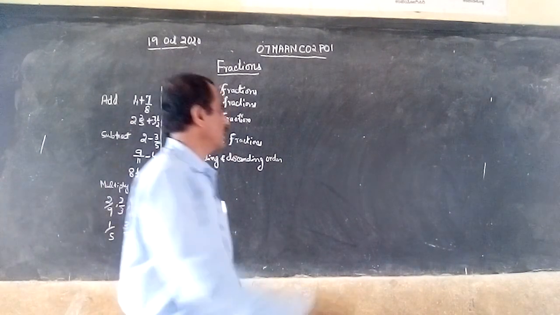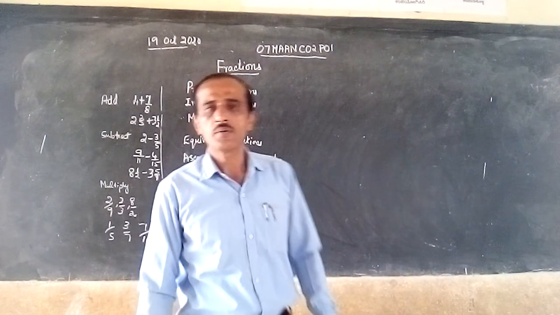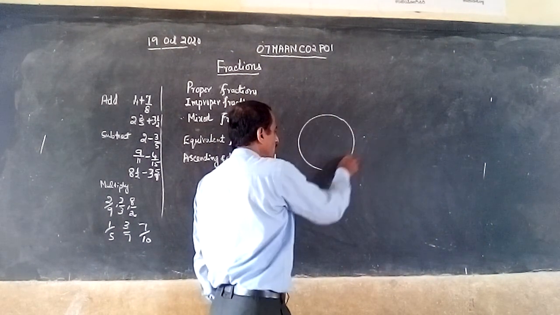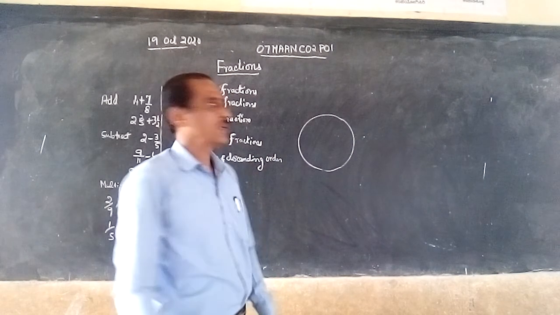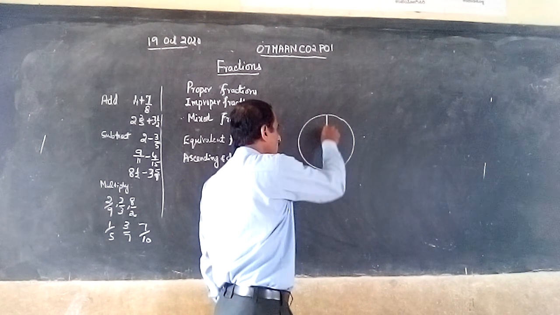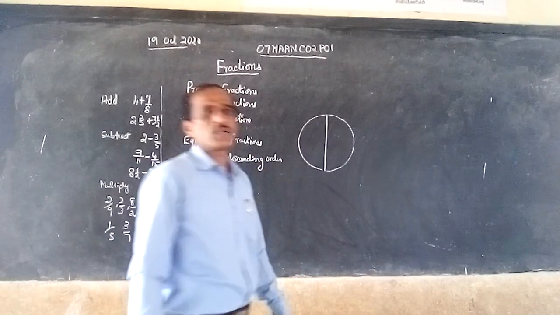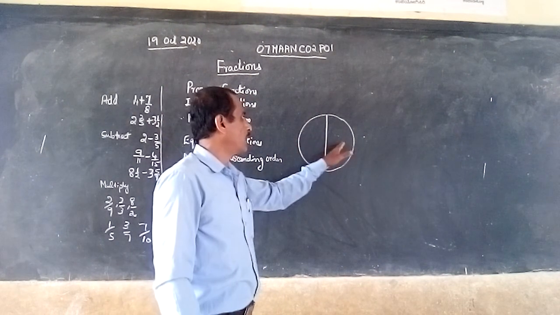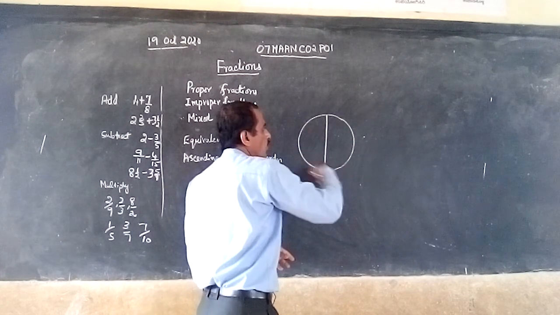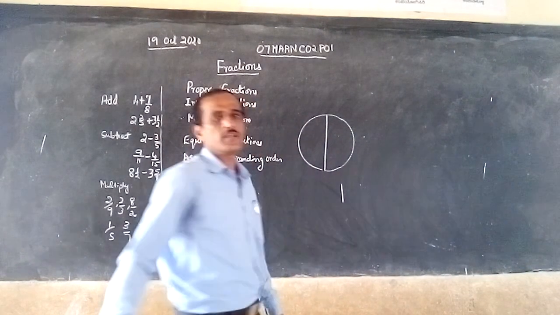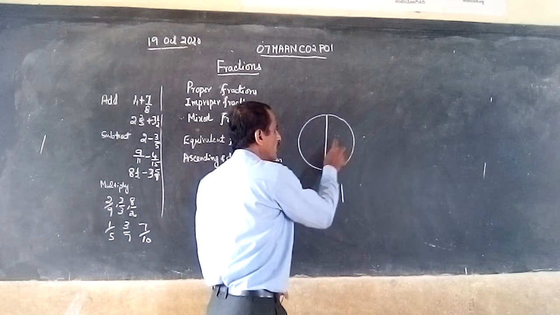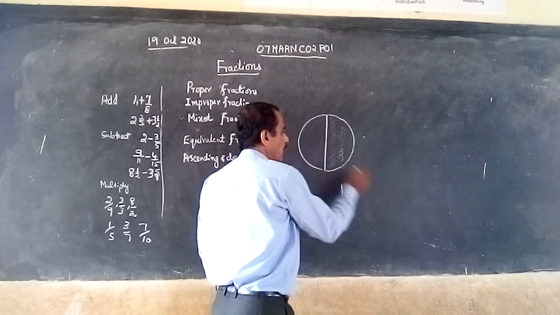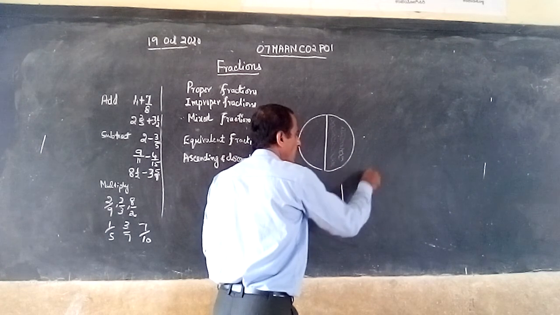What you have studied? See, for example, see, here this is a circle. If you draw a line through the middle of the circle, that circle divides into two parts. See, this is one whole, one full, one, isn't it? In that one, if you take this part, this is out of two parts, one.